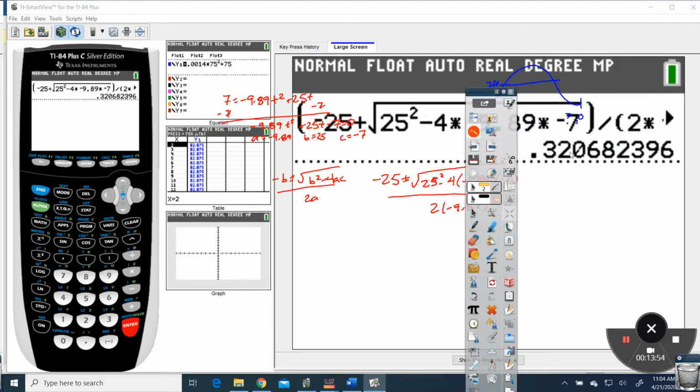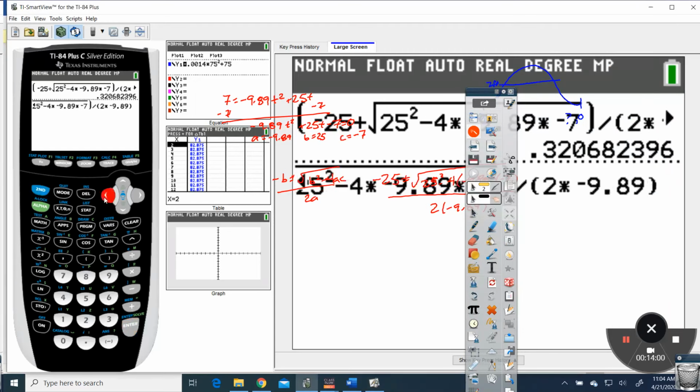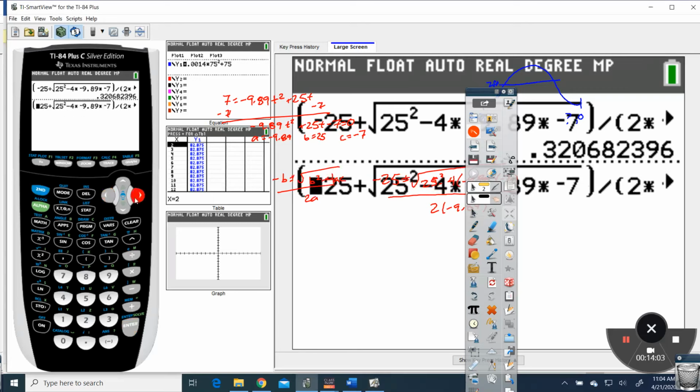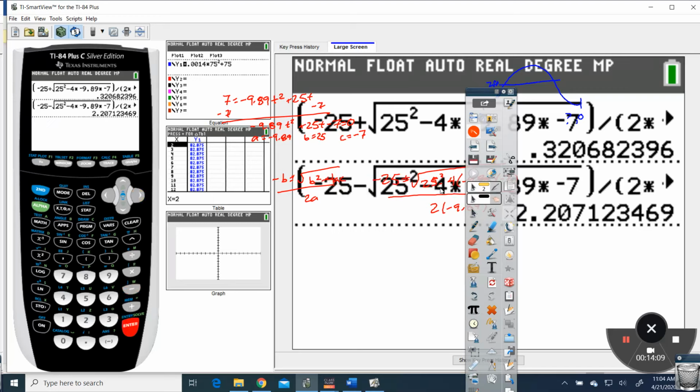And it says at 0.32 seconds it crosses. And then I hit second enter. And I hit second arrow, moves it all the way to the left. And I'm going to change that plus to a minus because I need to do the plus minus case. So now it's a minus.